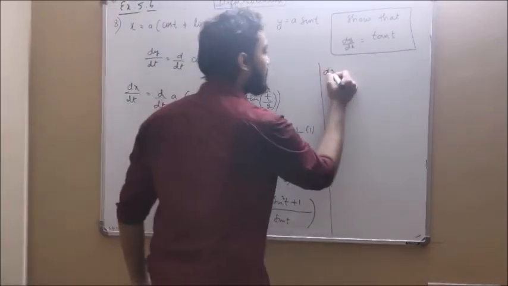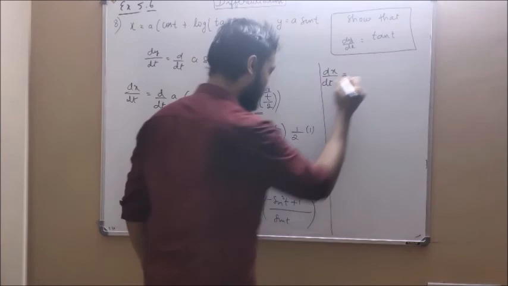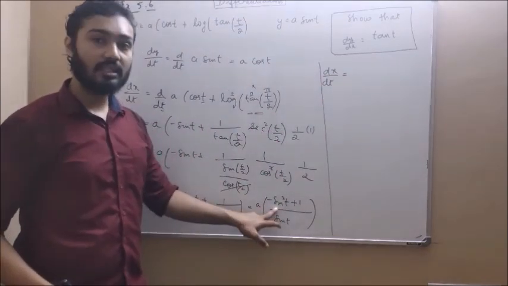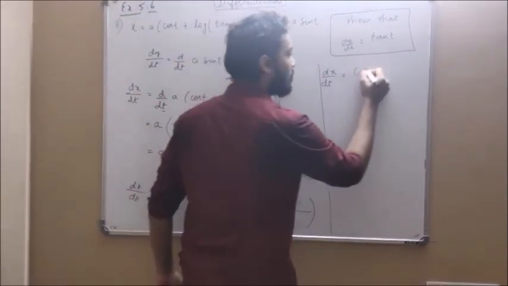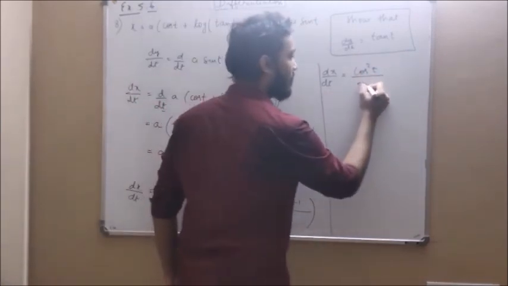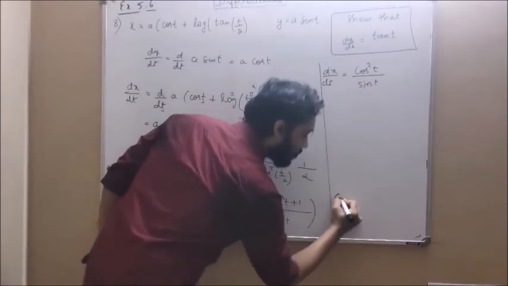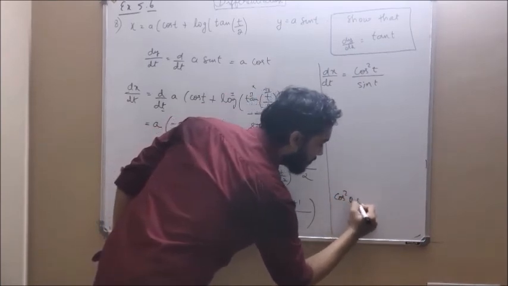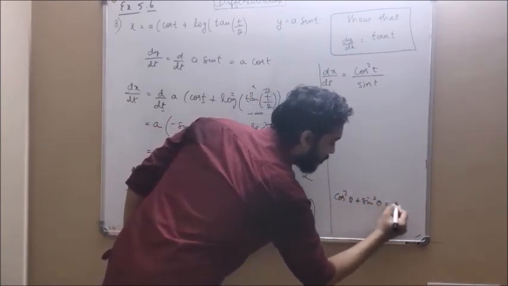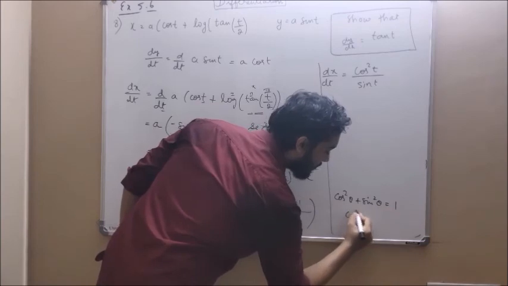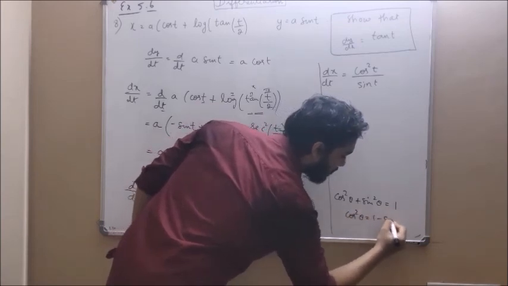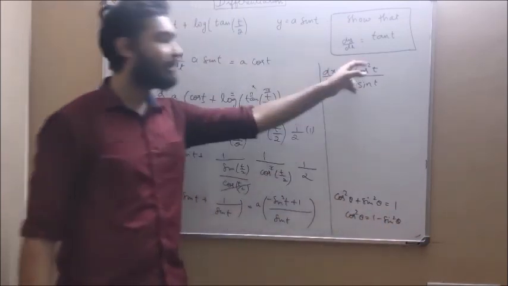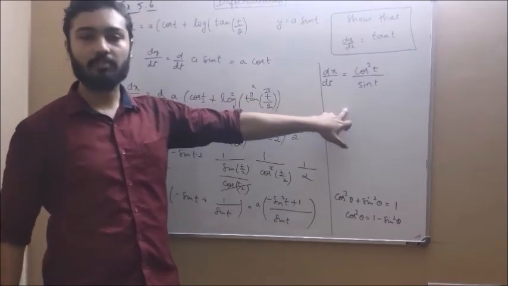So dx by dt is a cos square t by sin t. We have cos square theta plus sin square theta equal to 1, so cos square theta equals 1 minus sin square theta. This is how you get this formula.